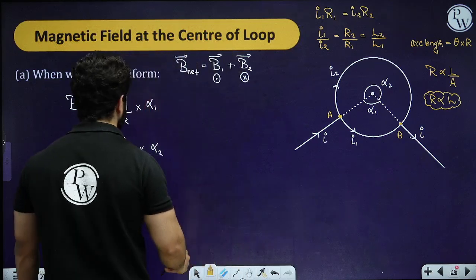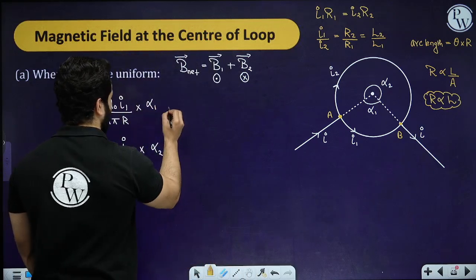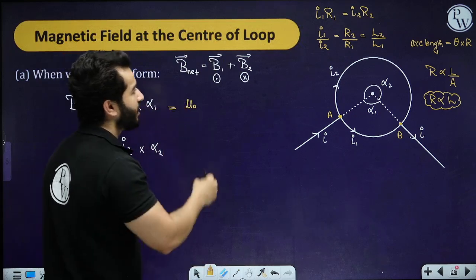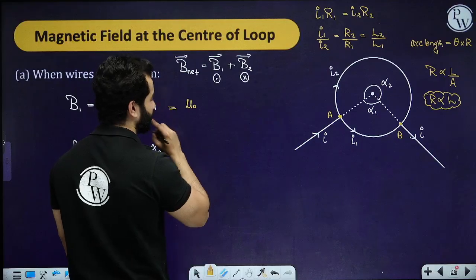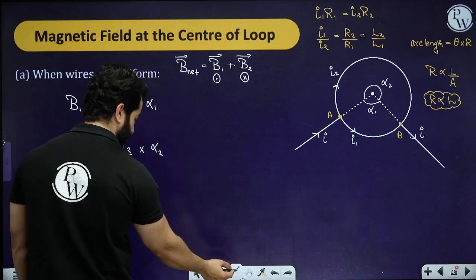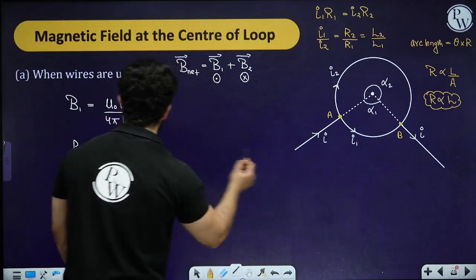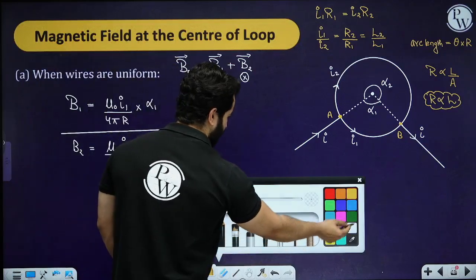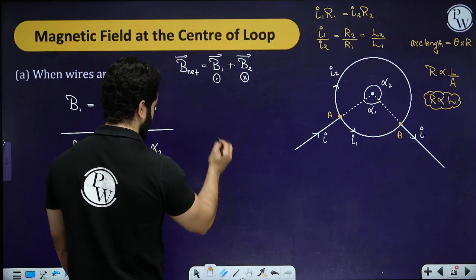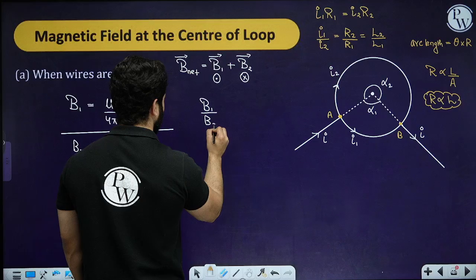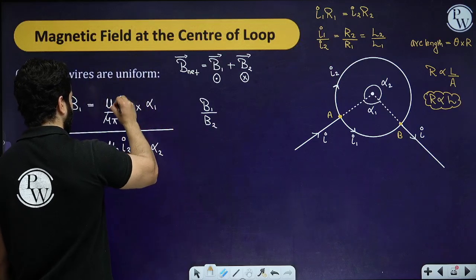So now please see, I will take a ratio of these two things. If I take a ratio of these two things, I will get B1 upon B2, mu naught upon 4 pi can be cancelled out.